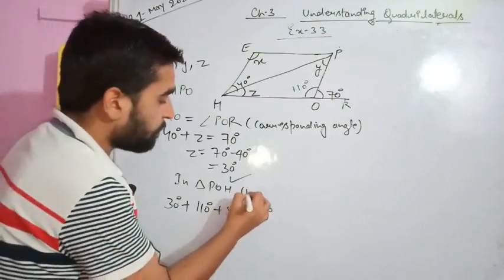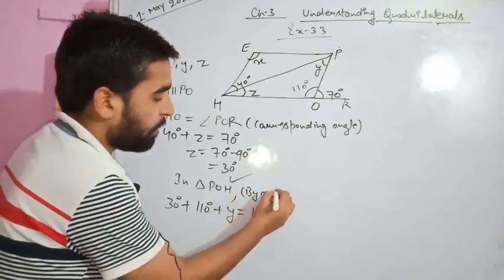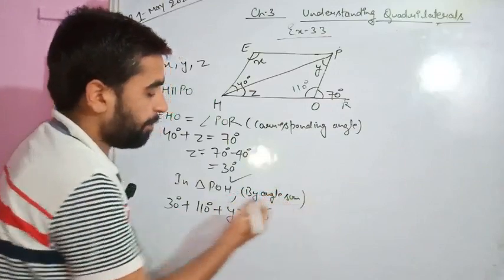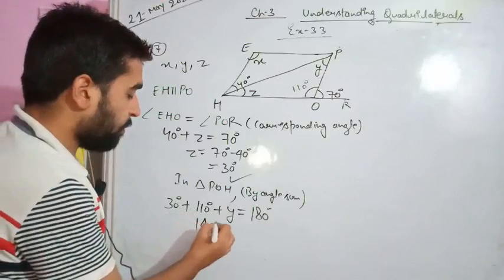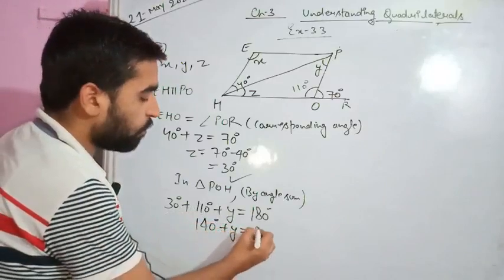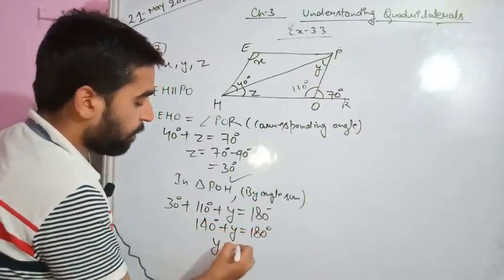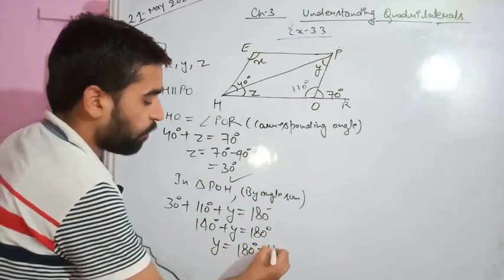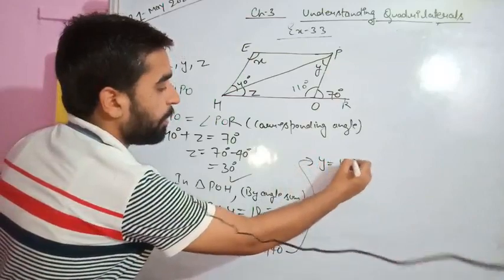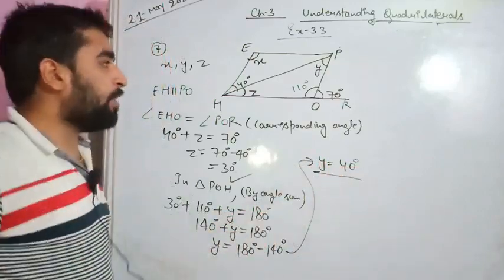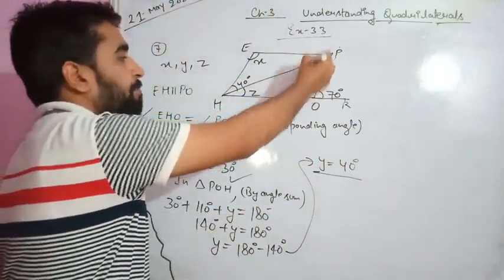By angle sum property. So students, 30 plus 110, this will be 140, plus Y is equal to 180. So Y will be how much? 180 minus 140, Y will be 40 degrees. So Y we have calculated and that is 40 degrees.